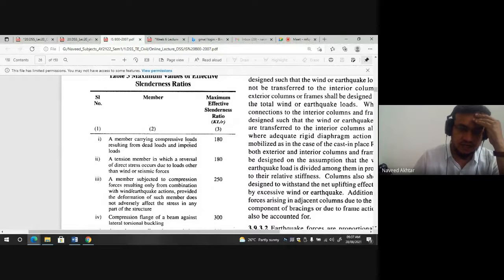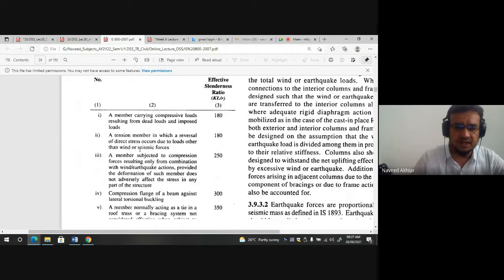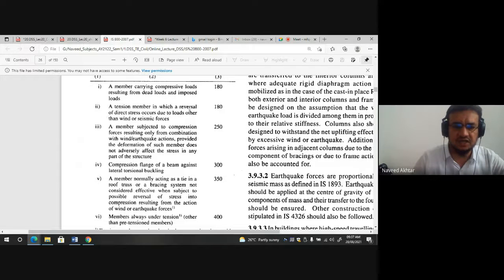A member carrying compressive load resulting from dead load and imposed load: if the member has compressive load from only dead load and live load, then the maximum slenderness ratio is 180. A member in which a reversal of direct stress occurs due to loads is also 180.